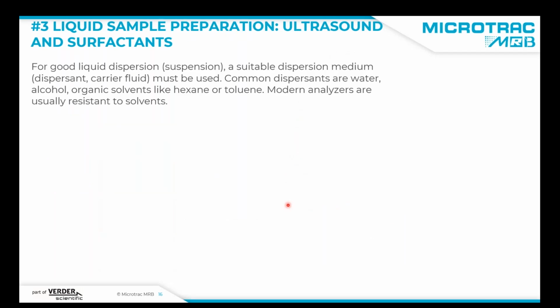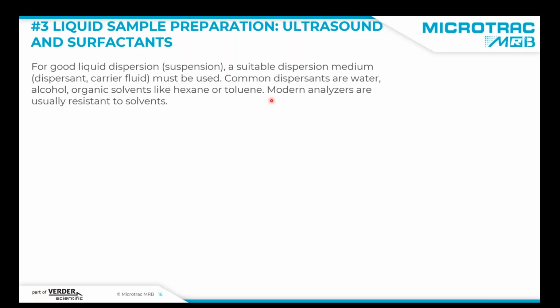When you are dealing with liquid samples, with suspensions, you need to select a suitable dispersion medium for your particles. Dispersion medium is also called dispersant or carrier fluid. Common dispersants are water, alcohol, organic solvents like hexane, heptane, or toluene, and most modern particle analyzers are resistant to those kinds of organic solvents, so they can be used.